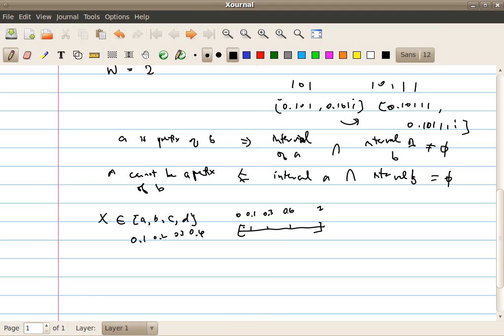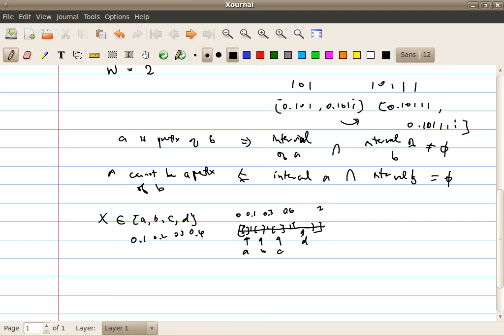For example, this is the interval for the code word of A, this is for B, this is for C, and this is for D. Because these intervals do not overlap, the corresponding code words cannot be prefixes of one another, therefore the code is instantaneous.